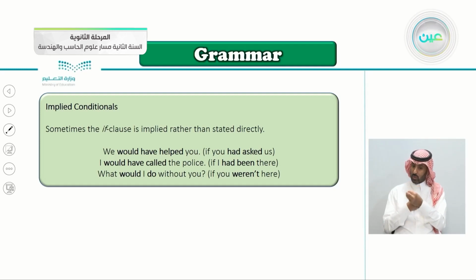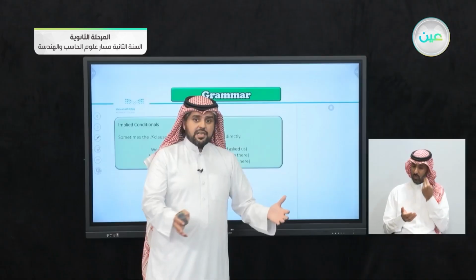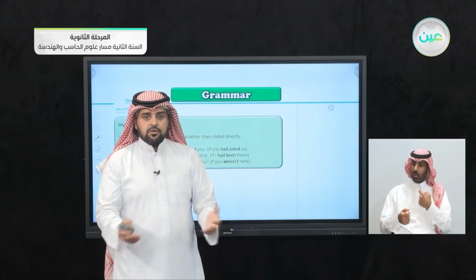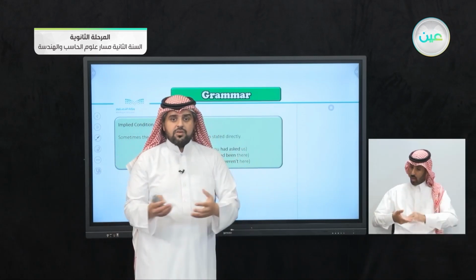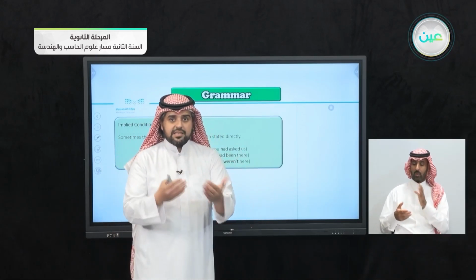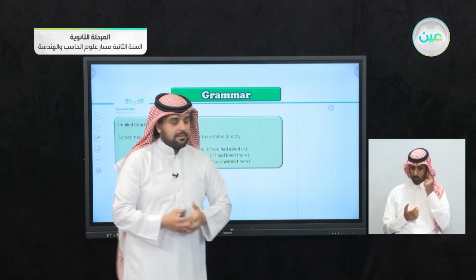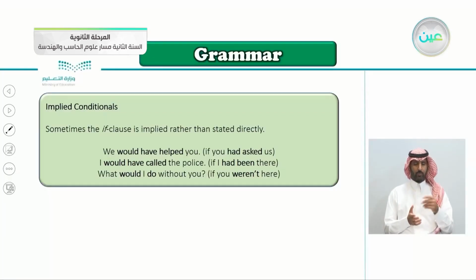Maybe your friends walked in your room and they saw you cleaning the room. They said, we would have helped you. They don't have to say, if you asked us, we would have helped you, because it is implied here. It is mutual understanding. Number two, I would have called the police if I had been there.